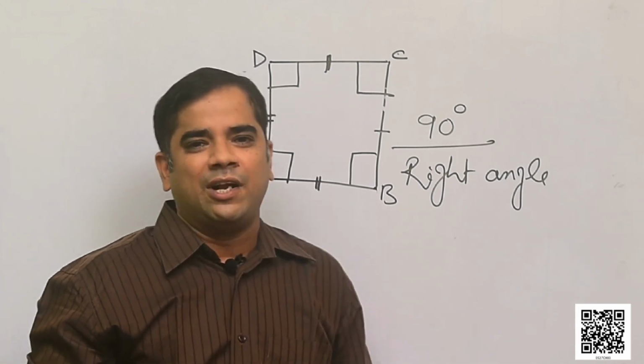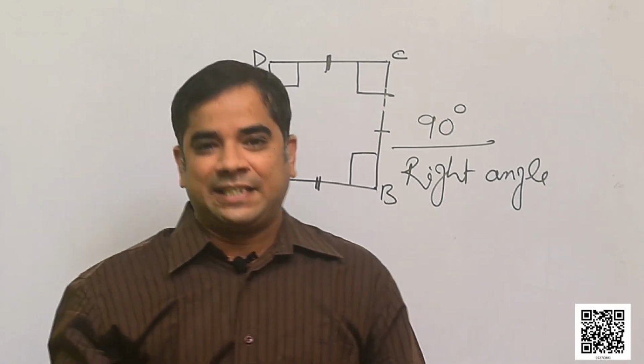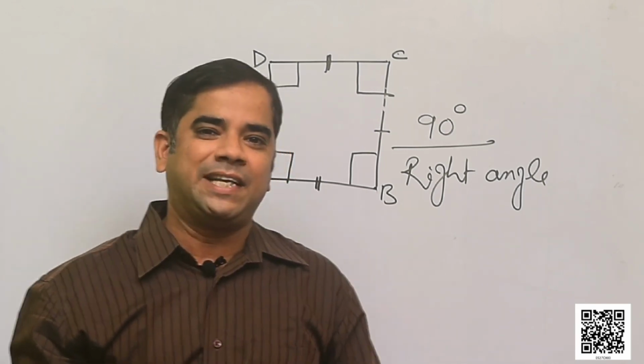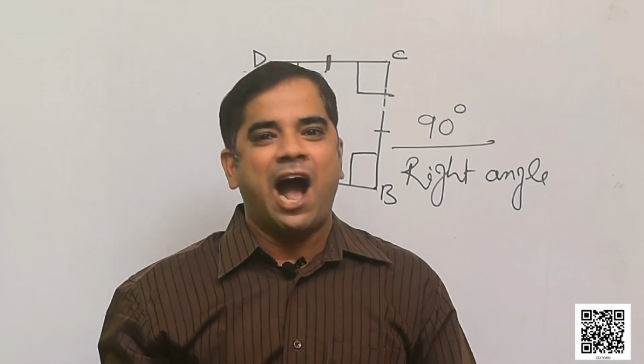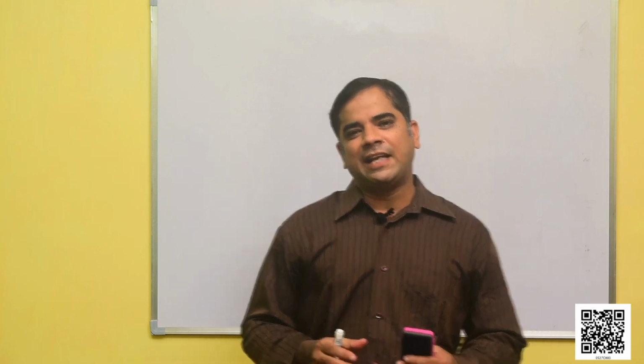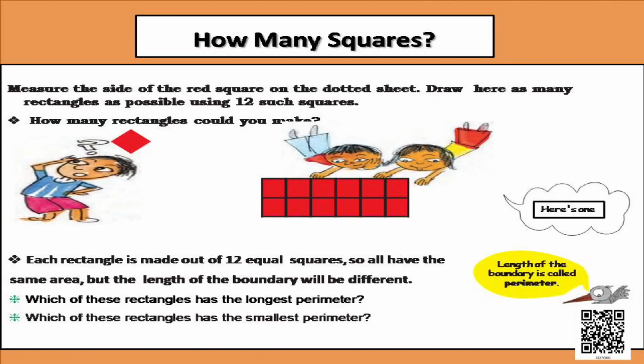Understood? So now we can go to your chapter of the book Math Magic. It is chapter number 3, How Many Squares. So students, just look at your page number 34. At the beginning itself there is a rectangle, and there is a square at the top left, red in color.